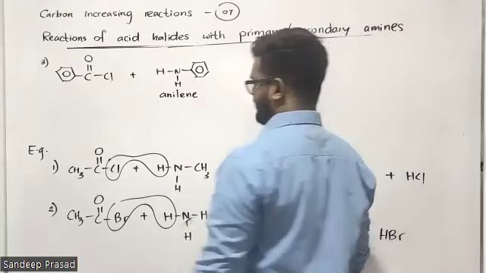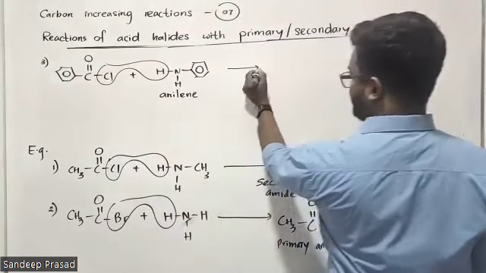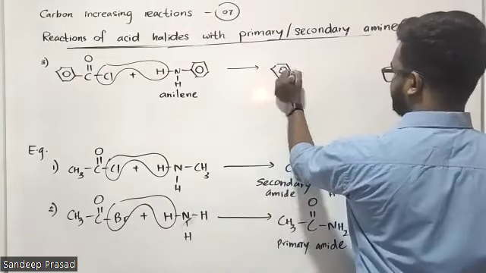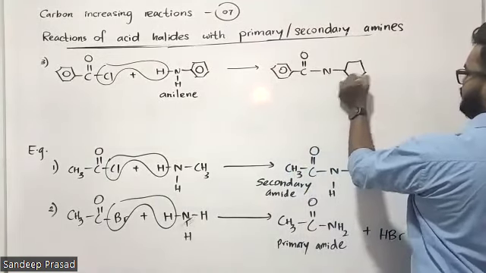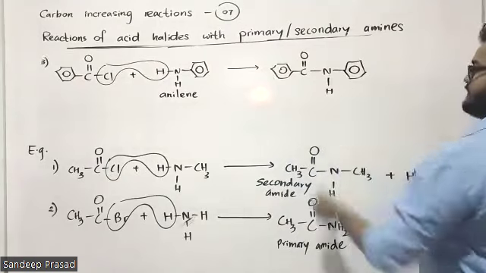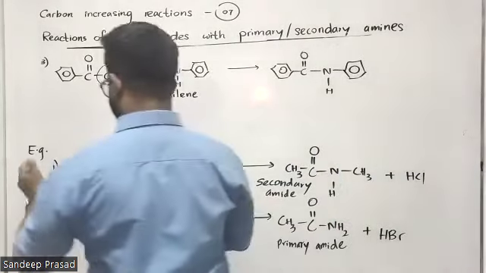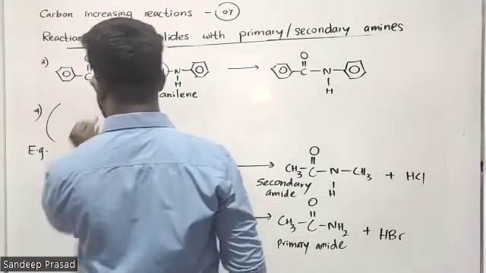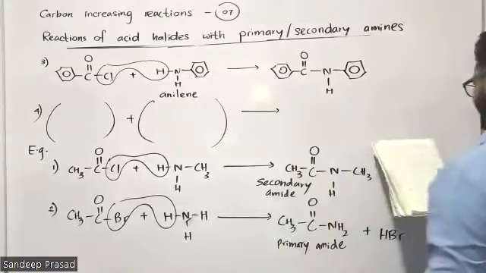So what will happen here? Chlorine is eliminating with the hydrogen atom. That is producing this. So that's also a secondary amide. Number 4. In the fourth one, I'm expecting what are the two reagents that you have added.